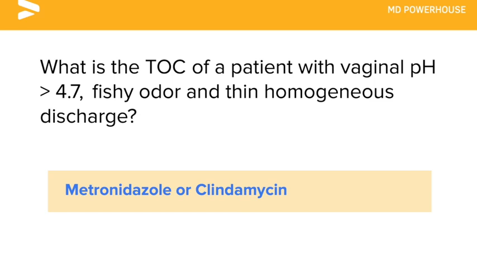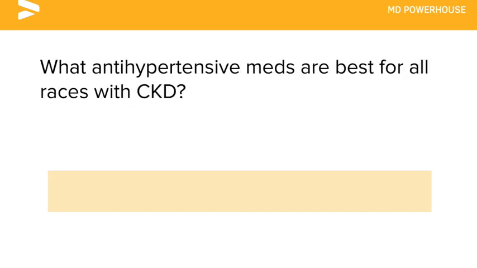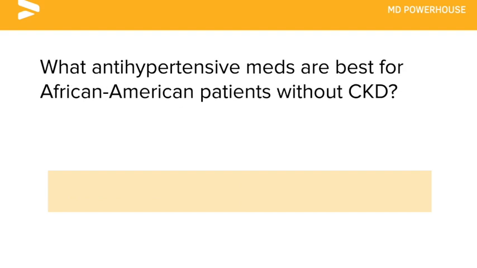What antihypertensive medications are best for all races with chronic kidney disease? ACE inhibitors or ARBs. What antihypertensive meds are best for African American patients without chronic kidney disease?